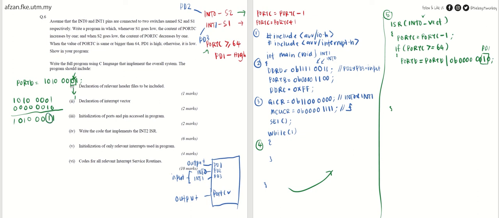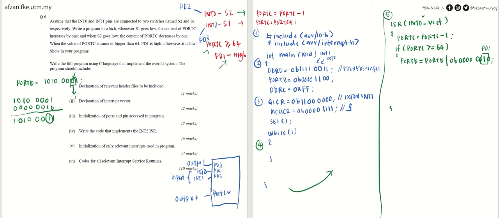See, only this one is changed, while the rest of the bits remain. So that's why I use PORTD equals PORTD OR with 0B00000010.